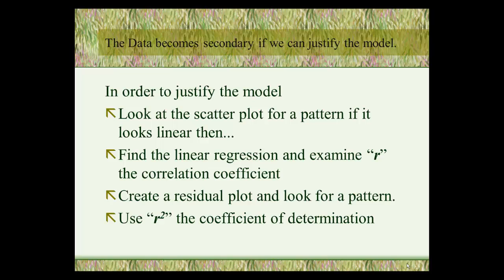Looking for a pattern in the residual plot is a big step in justifying our model. Finally, we would use the R squared, or the coefficient of determination, to justify whether a linear model is appropriate or not for the data. All of these pieces of the puzzle have to come together and make sense, as we'll see here momentarily.